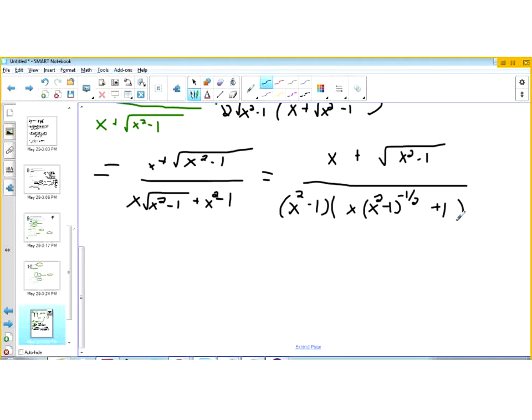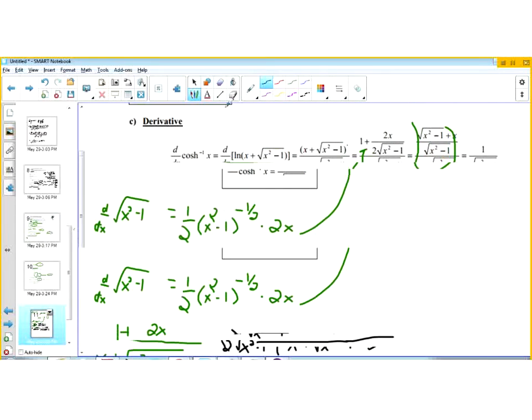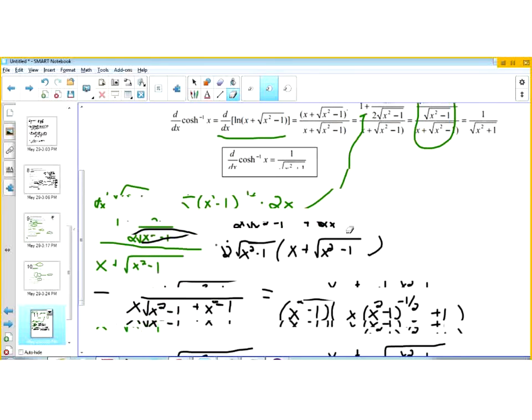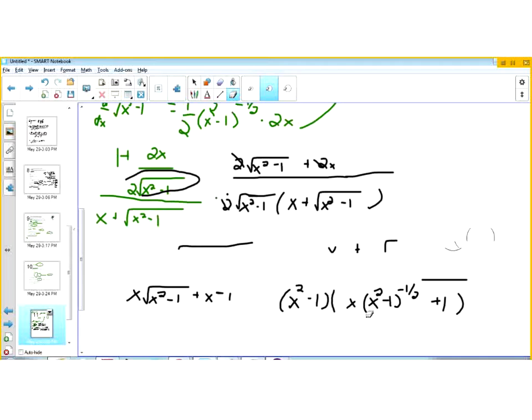That still doesn't give us what we need. I'm wondering if I made a mistake somewhere here. Let me start over. I think I made a mistake.